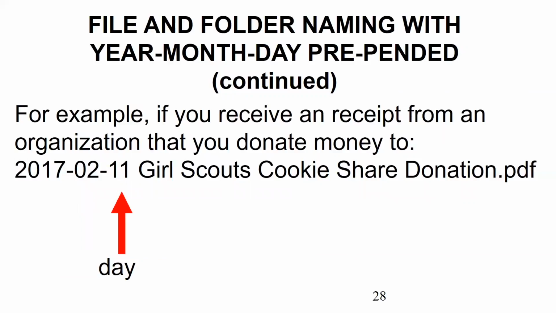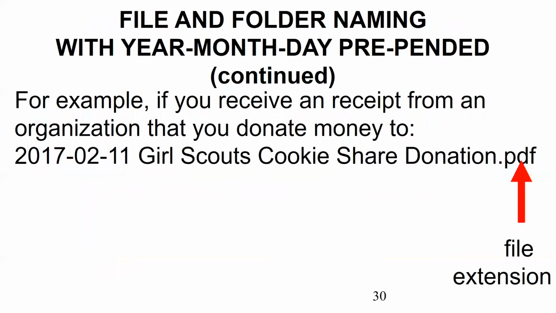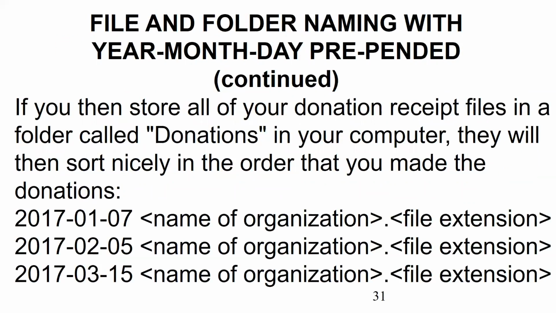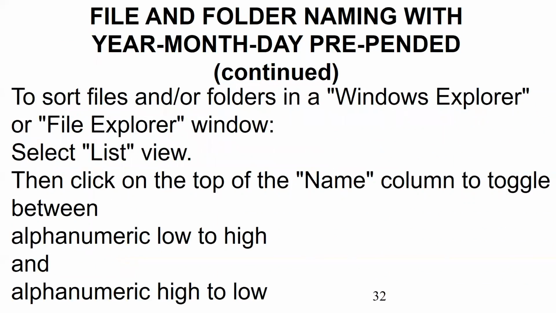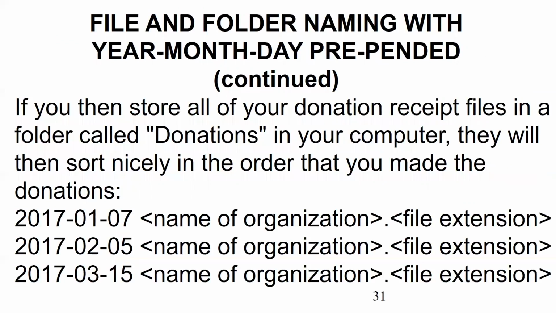That's the year, that's the month, that's the date, and then that's the description, and that's the file extension, right? And when you put them in this sort of naming order, things sort nicely from first received to last received, or you can click on the top of a column and sort it in the opposite direction, right?